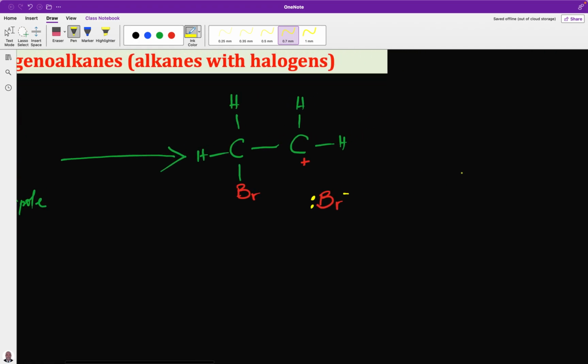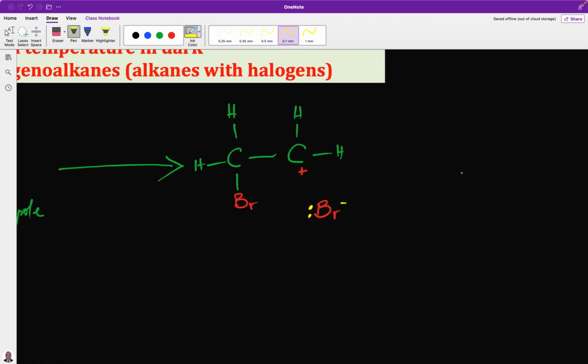Step number 2. What happens here? The carbocation is attacked rapidly by the bromide ion.